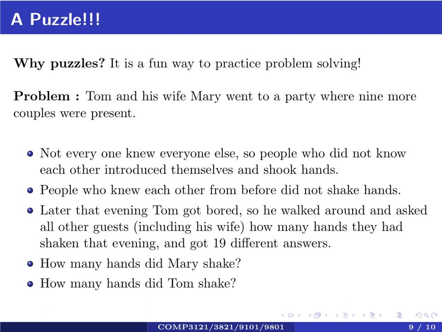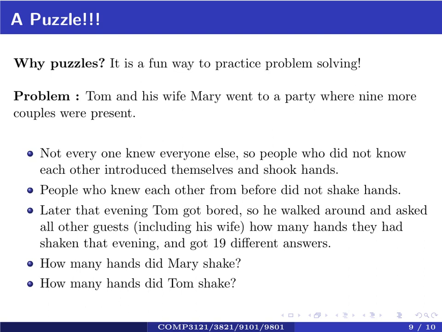Later that evening, Tom got bored, so he walked around and asked all other guests, including his wife, how many hands they had shaken that evening, and got 19 different answers. You have to find out how many hands his wife shook and how many hands he shook.